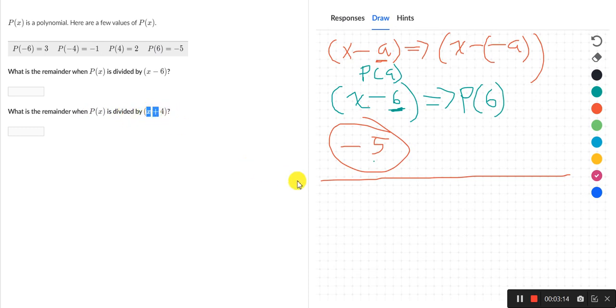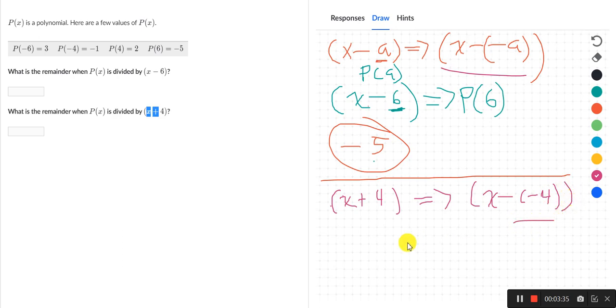You're always going to take this part, x plus 4, which is the same as x minus negative 4. So it's going to be p of negative 4, which here is negative 1.